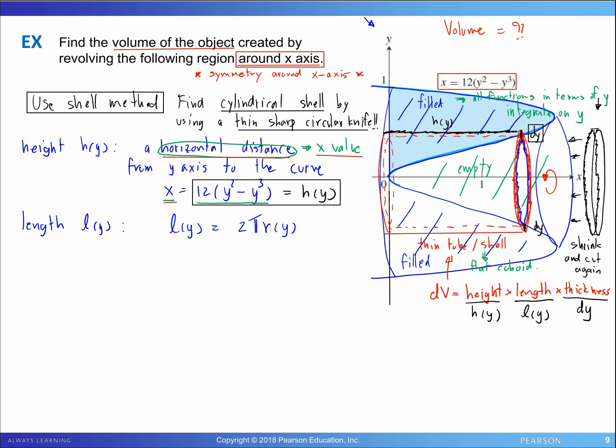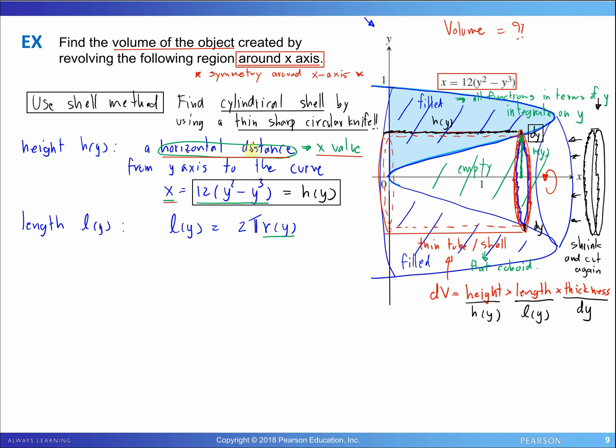Now let's find out about this r of y. What is it equal to? It's going to correspond to this distance from x-axis. Radius of the tube from here, and it goes up and stops on the curve. There you go. This is radius of the tube, r of y. Let me highlight this a little bit more so that it's easier to see.